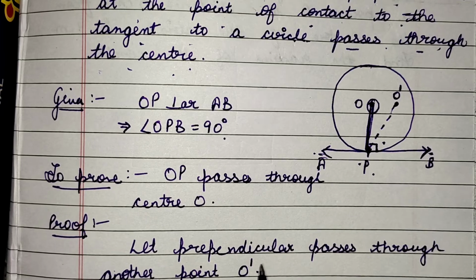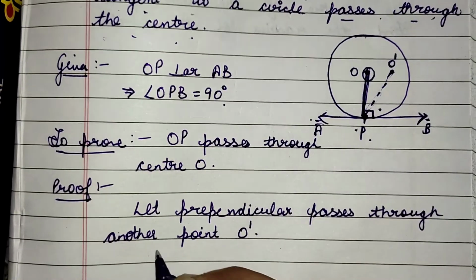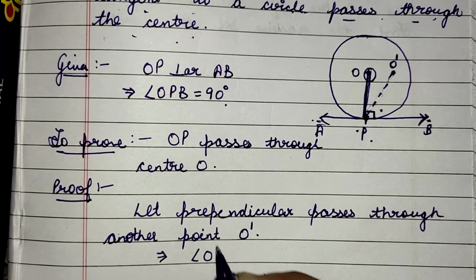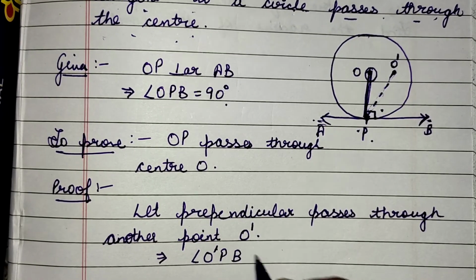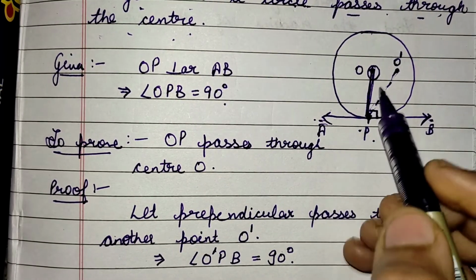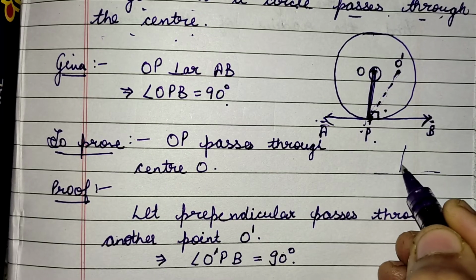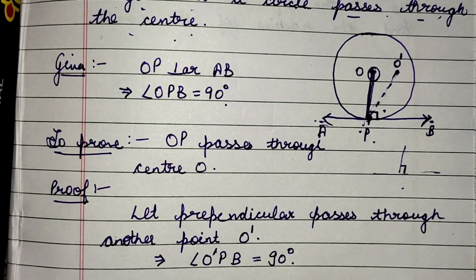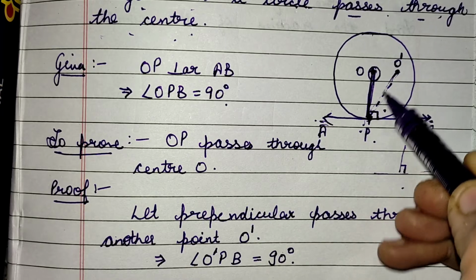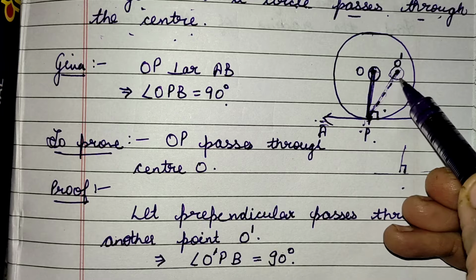So if this is passing through O dash, that means O dash P is perpendicular. What does it mean? That means my angle O dash PB is equal to 90 degrees, because any line which is perpendicular to the given line makes an angle of 90 degrees. So now we have assumed that this perpendicular is not passing through the center, it is passing through some other point.